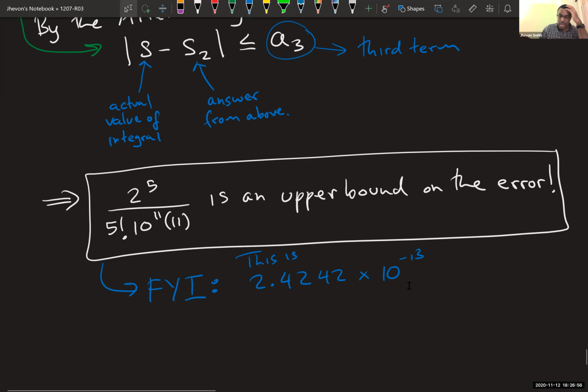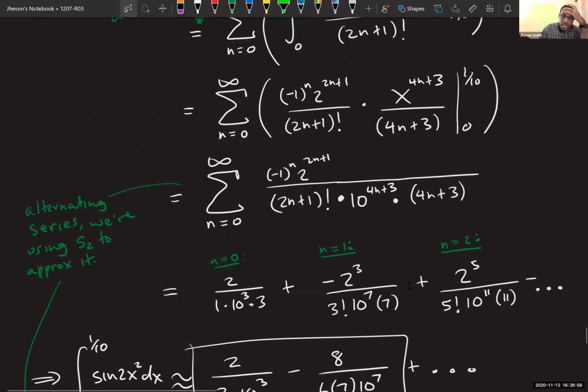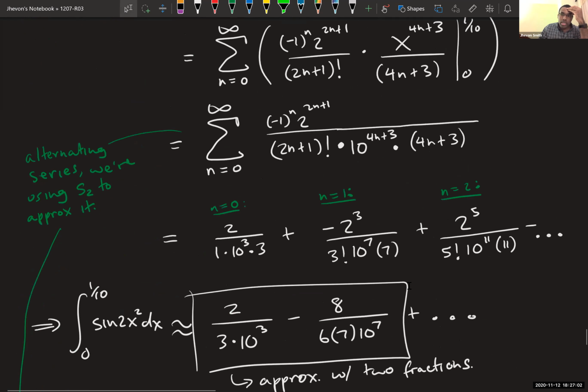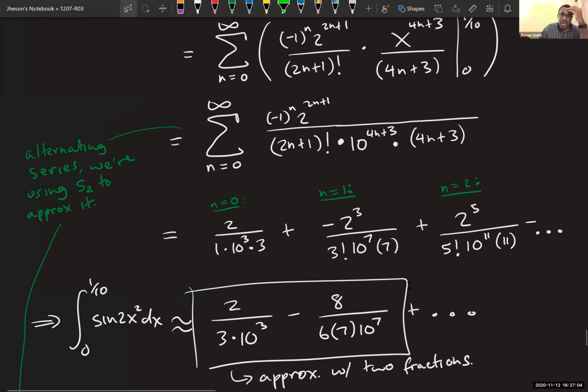So yeah, impossible to integrate. However, Wolfram Alpha would only need to add up 2 terms of this guy to tell you what the answer is to 12 decimal places. Literally only 2 terms, right?